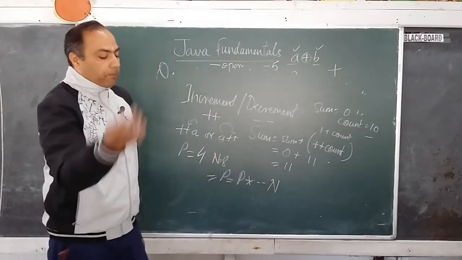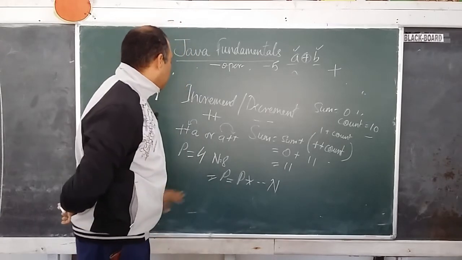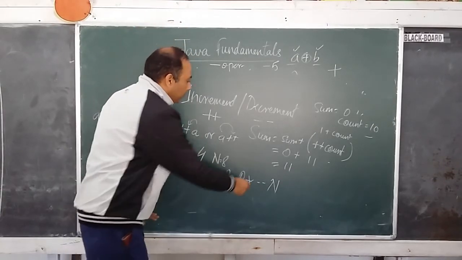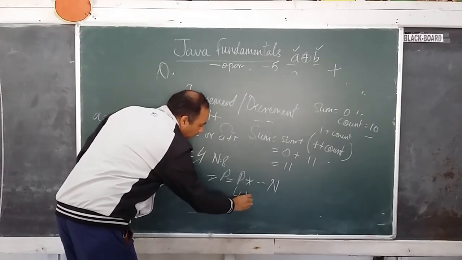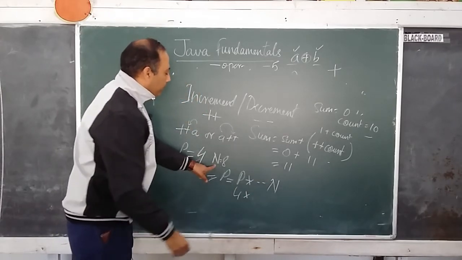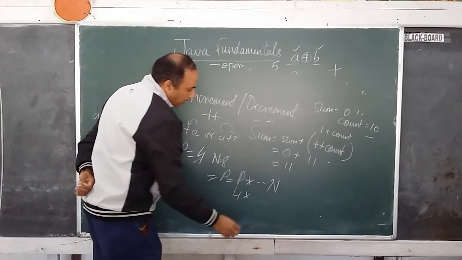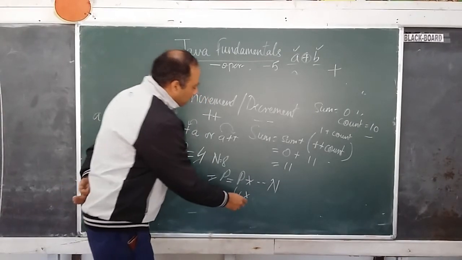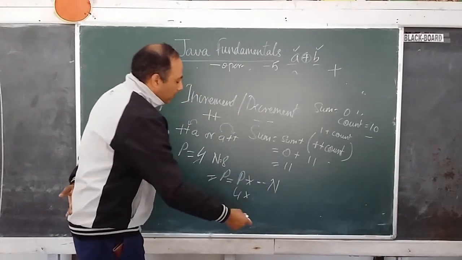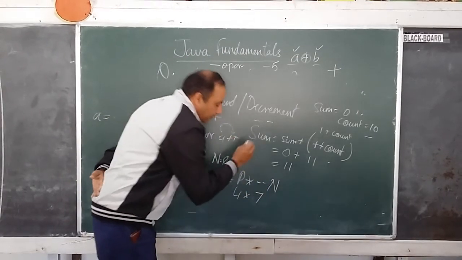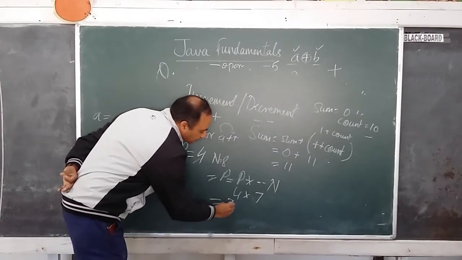We are using the prefix operator, so what will be the value? We know the value of p is 4. Minus minus n means n minus 1, that is 8 minus 1, so it becomes 7. So 4 sevens are 28. That will be the answer.